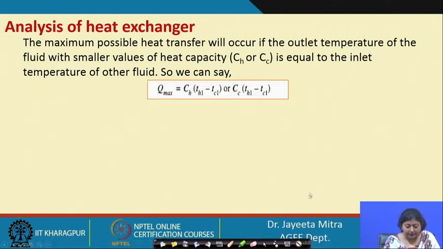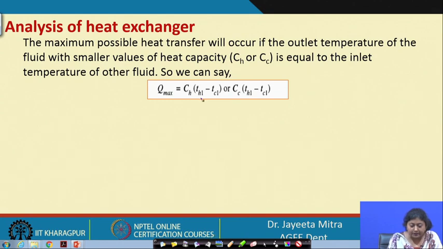So, then we can say that Q max will be Ch into Th1 minus Tc1, or Cc into Th1 minus Tc1. This happened because in Th1 minus Th2, since Ch is minimum, Th2 will be replaced by Tc1, the outlet being the inlet of the other fluid.